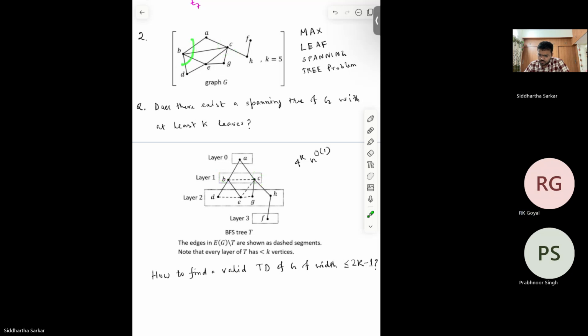So it is not clear that even if you started the BFS at a vertex whose degree is small, it may end up traversing a path, and in some situation you have more than the desired number of vertices in some layer.